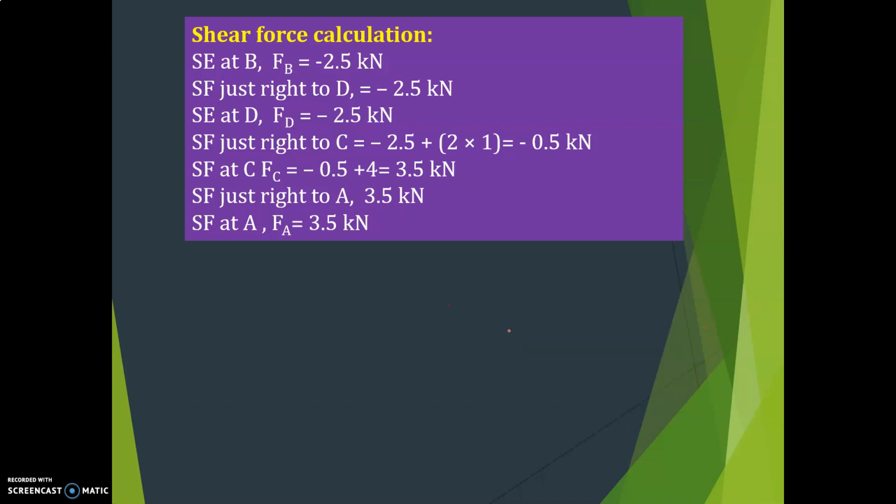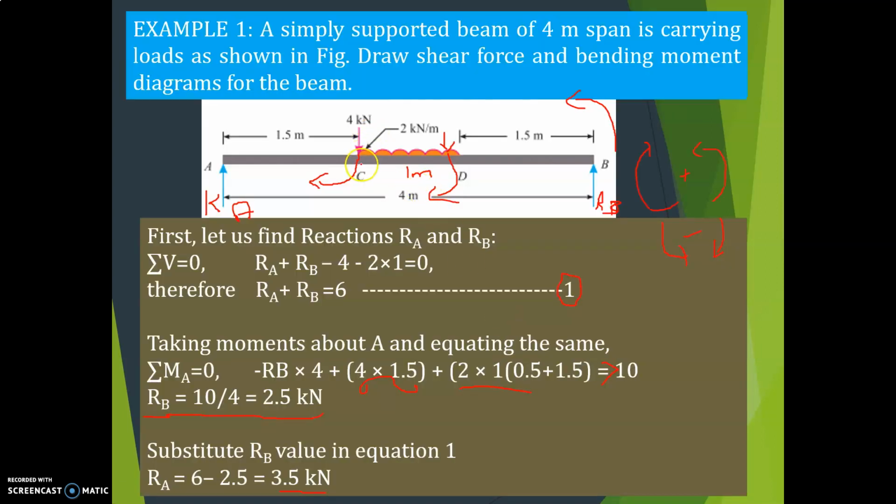Next, at C you have to calculate. What is at C here? RB into this distance, that is 1.5 plus 1, 2.5. So RB into 2.5, the direction is plus. Minus, this is acting in this direction, that is minus 2 into 1 into 0.5.